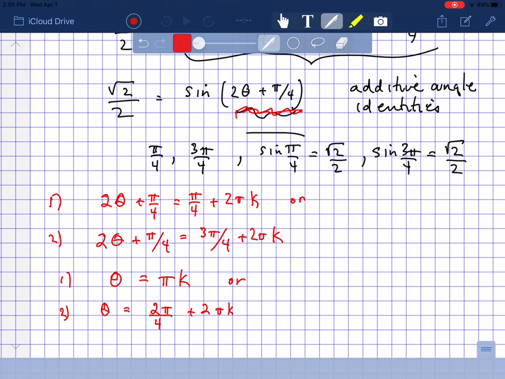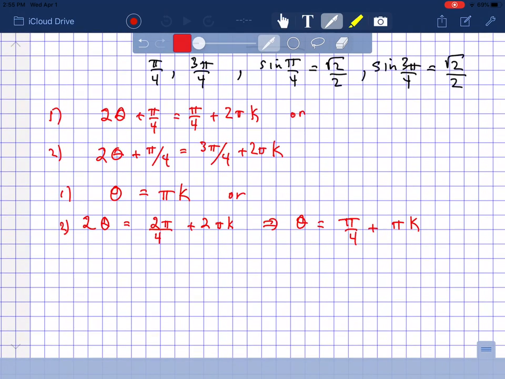So I'm going to go back here. So we're looking at this. There's a 2 here. That's what was missing. There we go. So this implies that theta is equal to pi over 4 plus pi k. Okay? Because I'm dividing both sides by 2. And now we're getting our solutions.